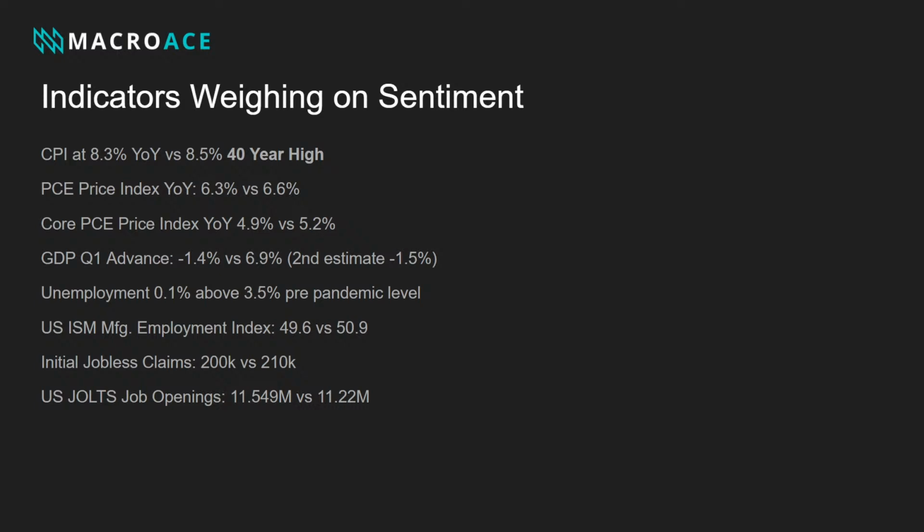US job openings showed 11.549 million versus 11.22 million. And US employment costs, which we'd received nearly a month ago now, showed that employment costs had picked up at 1.4% versus 1%. And then ADP, what we received this week or yesterday, showed that jobs in the private sector, there were 120,000 jobs created versus 247,000 previously.